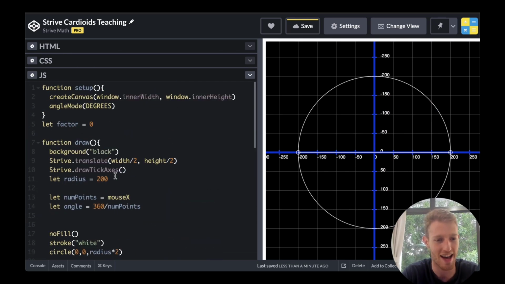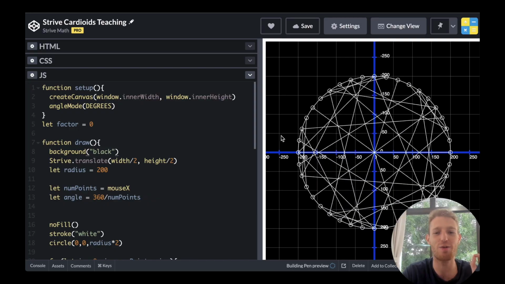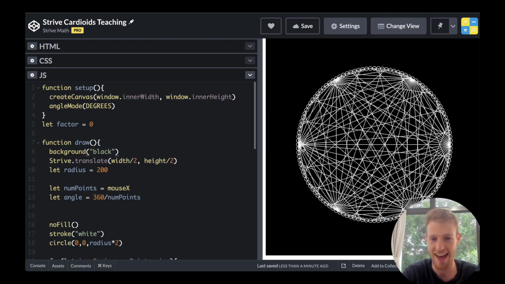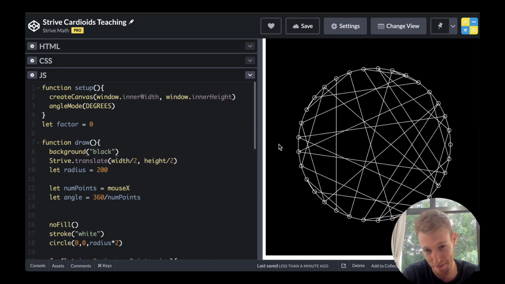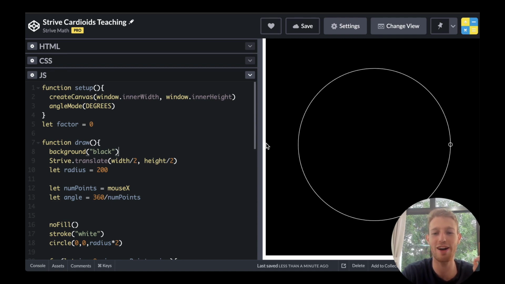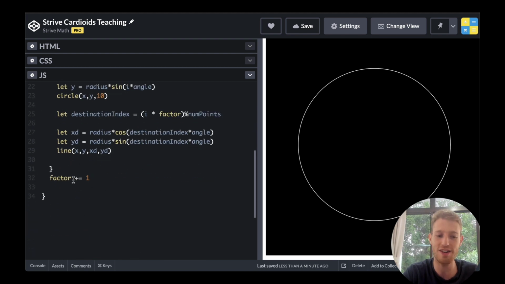Let's remove the tick axes. Now, there's one cool thing that is almost counterintuitive about this. I love how the circles move around a little bit towards the top when you do that. The one cool thing I'm wanting to show is that we don't need to increase factor by a discrete amount.